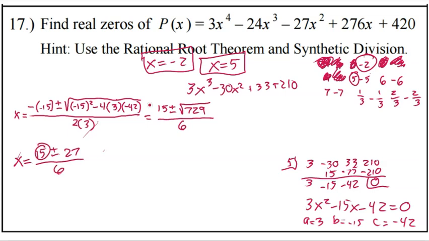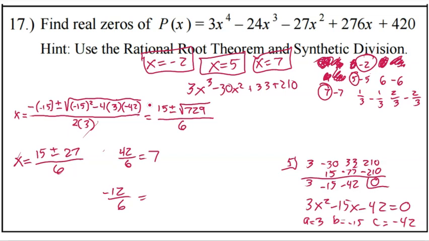Okay, so if we do 15 plus 27, that's 42 over 6, which is 7. So this is one of my roots, 7. And that's actually in the list, 7. So one of my roots is x equals 7. And now my last one is going to be 15 minus 27, and that is negative 12 over 6. Negative 12 over 6 is negative 2.